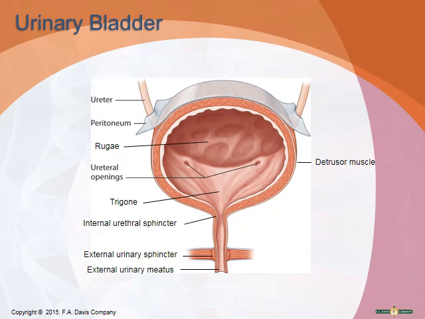The next thing I want you to note is both the internal urethral sphincter and the external urinary sphincter, where the internal urinary sphincter is under involuntary control. It is what will hold urine in the bladder, whereas the external urinary sphincter is voluntary.